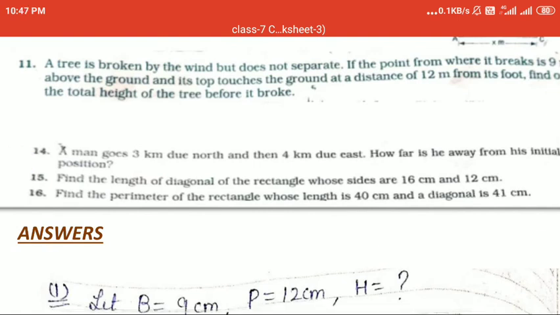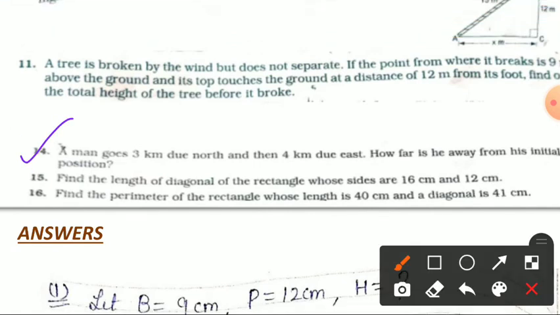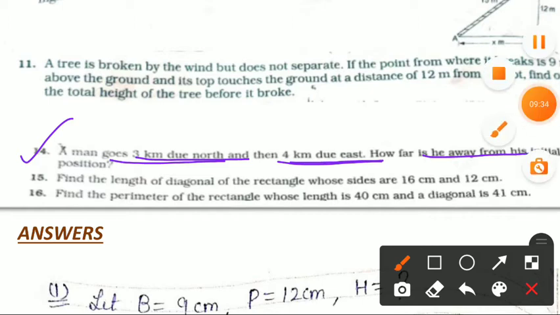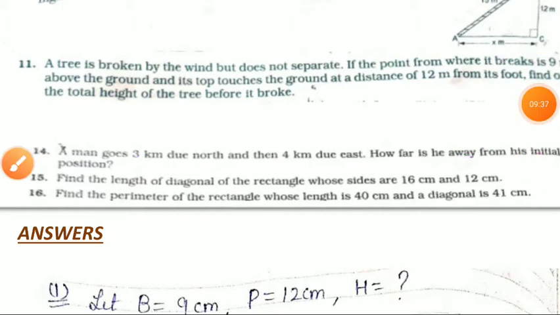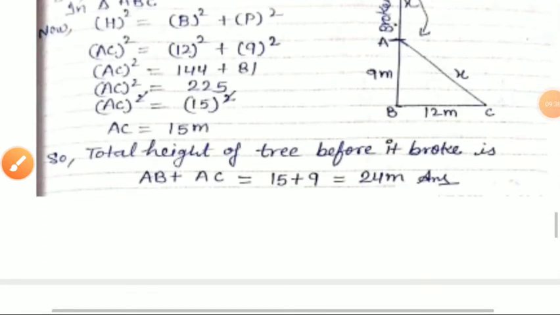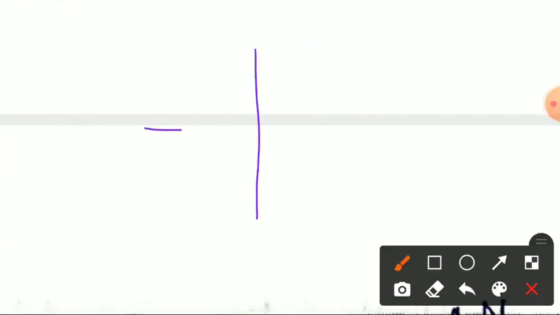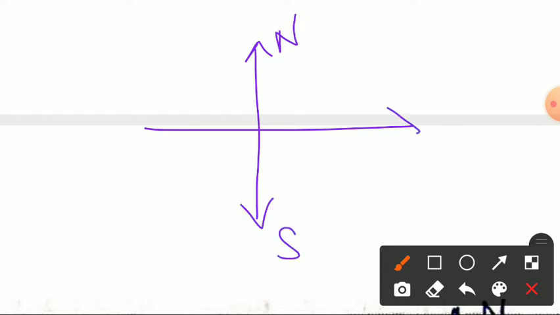Question number 14, very important, about direction. A man goes 3 km due north, then 4 km due west. Find how far he is from his initial point. Let's see. We need to know the direction sense. Top one is north, bottom is south, right is east and left is west.